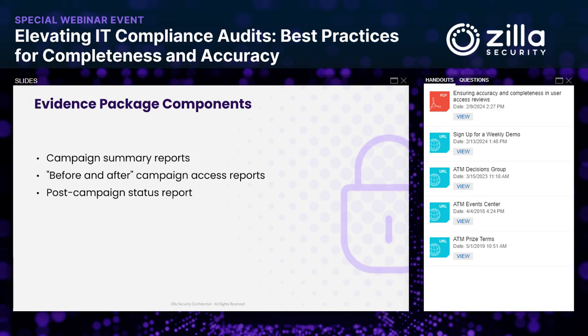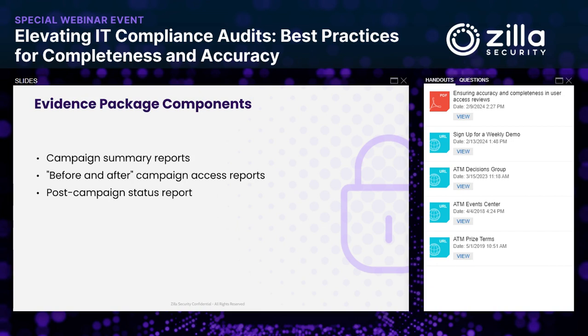This evidence package includes things such as campaign summary reports, which include all of the number of campaign settings in the users and application scopes, the reviewer assignments of who's been assigned to review which permissions and which users, and the corresponding actions such as maintain or revoke and any associated comments, all in a single file. It'll include an evidence folder for each of the application evidence files, such as the before and after campaign access reports.